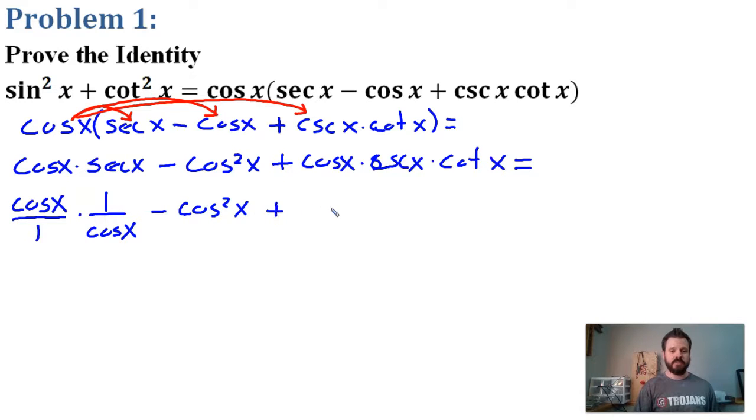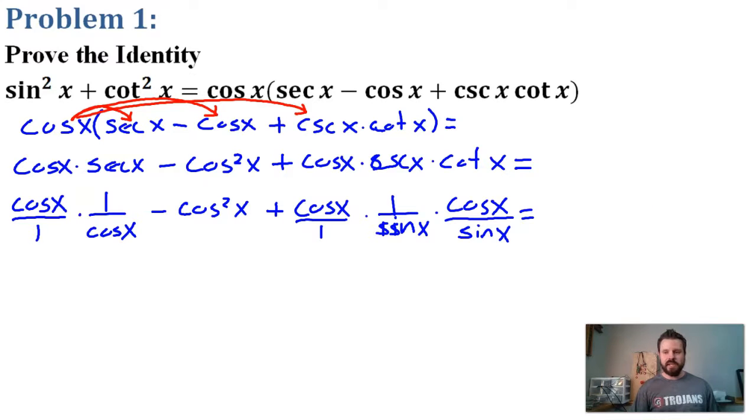We'll leave that alone. All right, plus cosine times cosecant times cotangent, we'll write that as a cosine x over 1 times cosecant, which is a 1 over sine x, times cotangent, which we'll say is a cosine x over sine x.